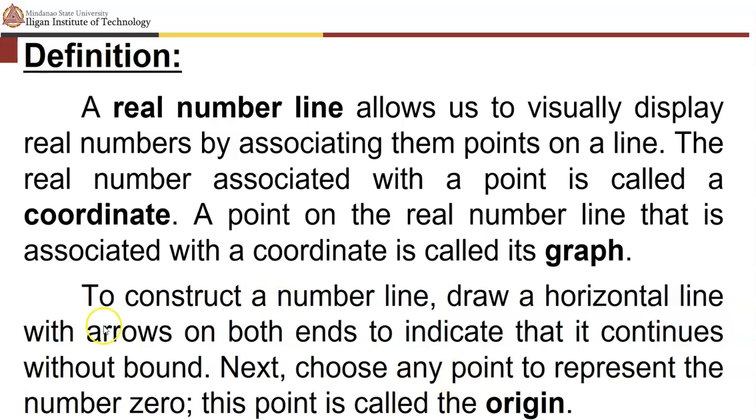How do we construct a number line? First, draw a horizontal line with arrows on both ends to indicate that it continues without bound. And then we choose any point to represent the number 0. And this number 0 is called your origin.